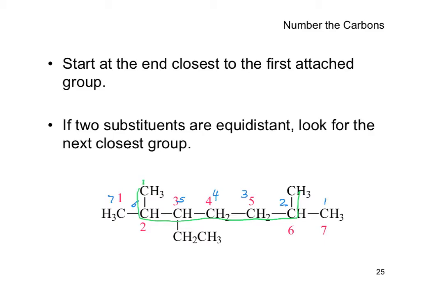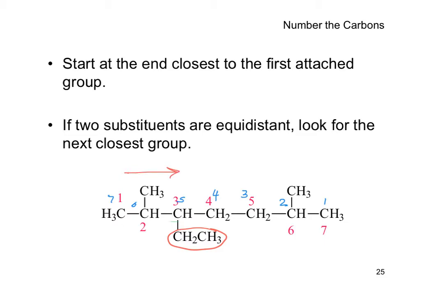So either of those are possible. They're equivalent. But which one would you rather prefer, the red or the blue? In this particular case, yes, it should be the red. And the reason for that is what? Because if you consider, you basically have the same number for the two methyl groups. So why the difference? That's right. It's the ethyl group which is going to receive the lowest number in going from left to right.